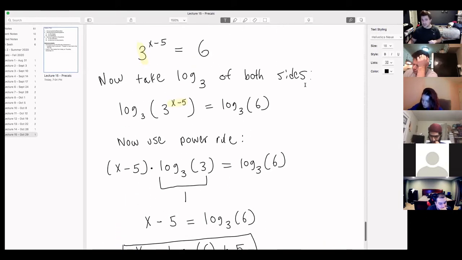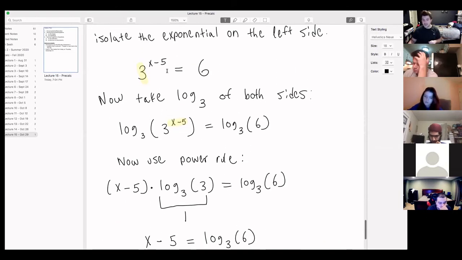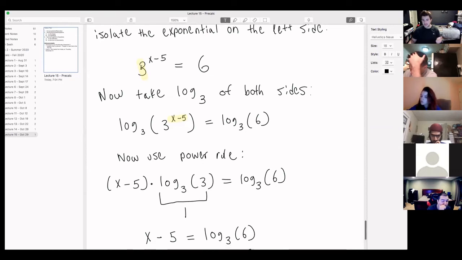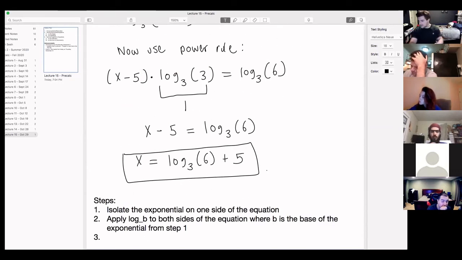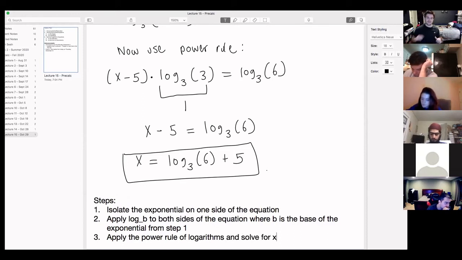That was when we applied log base 3 to both sides, because 3 is the base of the exponential. Last step, apply the power rule of logarithms. Solve for x. That's it.